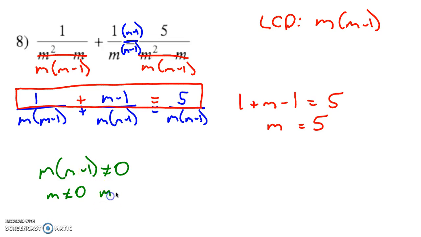So m can't be 1 because that would make this part 0. Do you see it? So these are the two excluded answers. If I got one of those answers here, I'd have to cross it out and say it was extraneous. In this case, I got m is 5, and that'll work. It's not one of the exclusions.